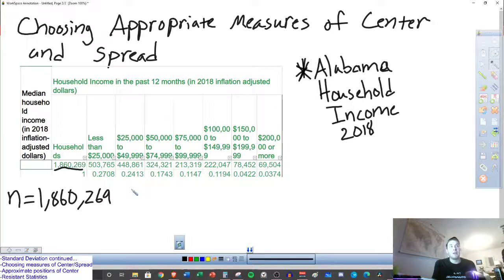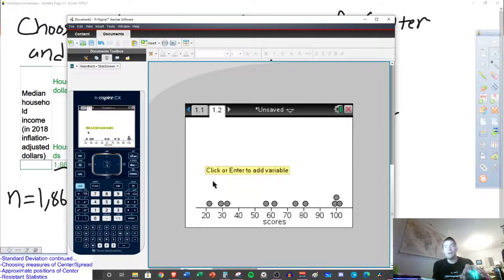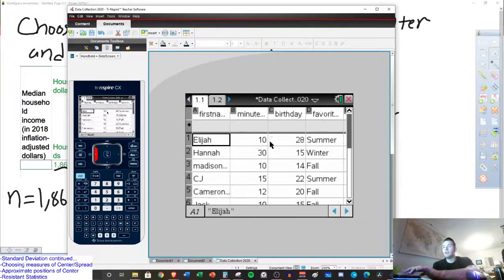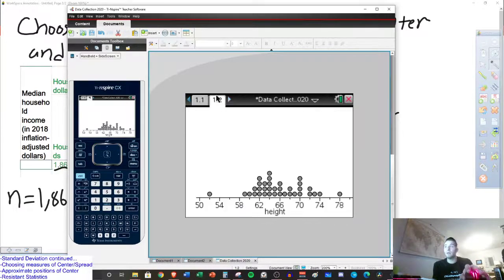All right, so a dot plot won't work. Let's just start there. Dot plot is not the correct answer. Why? Well, we don't actually have the data. The reason that I can plot these dot plots here, if I go to our data, here's a dot plot of the minutes commute to Stewart's Creek High School, is because I have individual data.